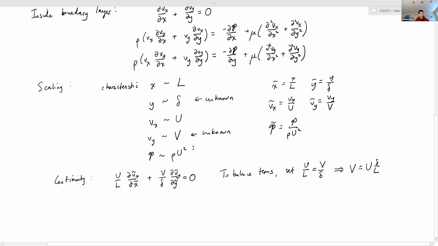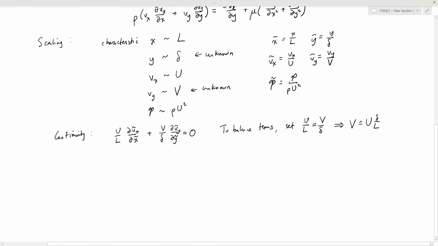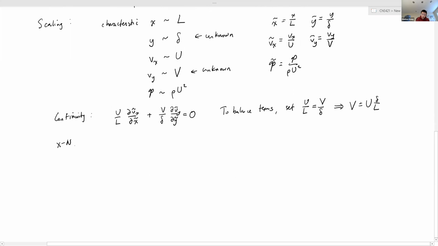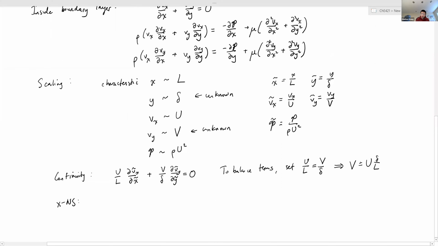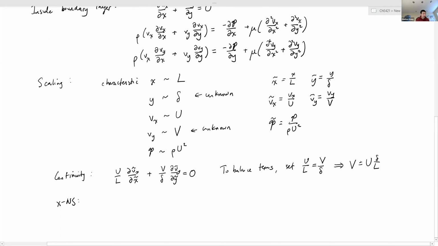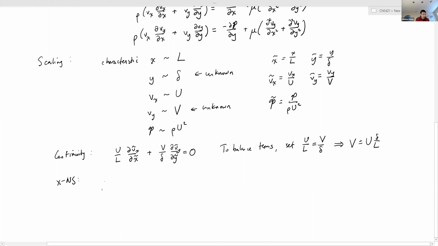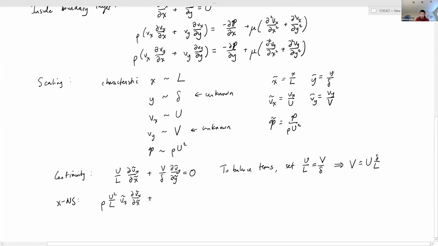Okay. Thanks. We can look at the x component of Navier-Stokes as well. And so first bit right here, rho vx dvx/dx gives you a rho u squared over L. Second term, this comes about because rho, this is u, and this is u over L, so rho u squared over L, right?